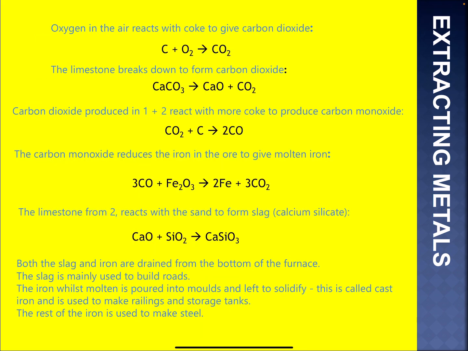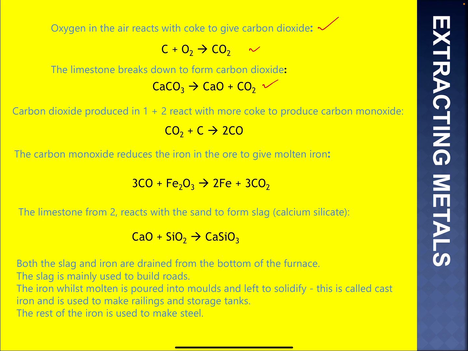Now, here is a slide that you need to know, what's happening in the blast furnace and the chemical reactions taking place. So the first one is oxygen in the air reacts with coke to give carbon dioxide, and there's the equation. The limestone then, which is calcium carbonate, breaks down to form calcium oxide and carbon dioxide.